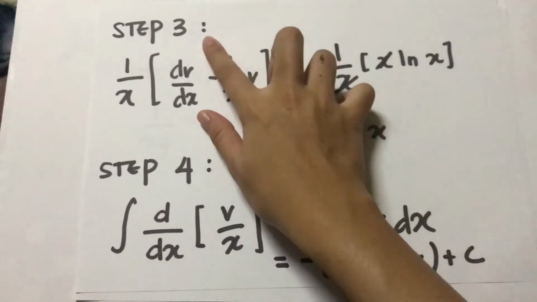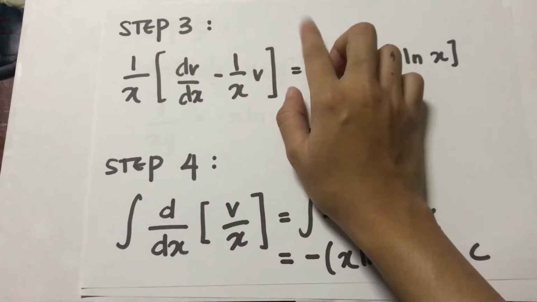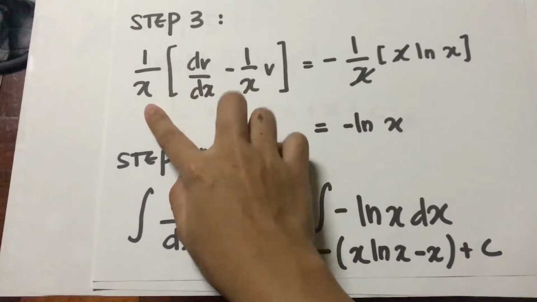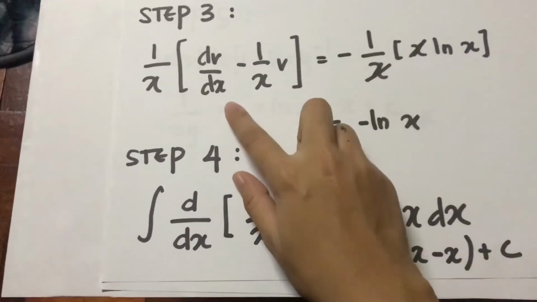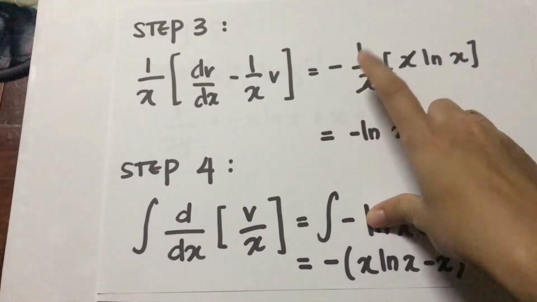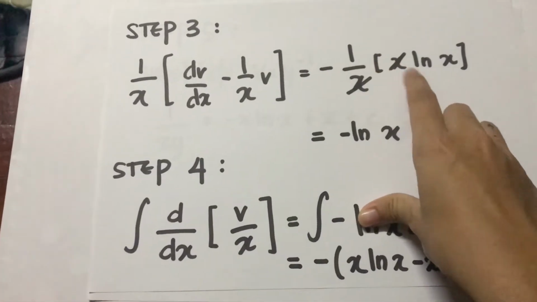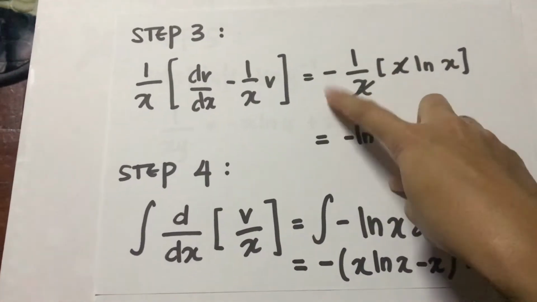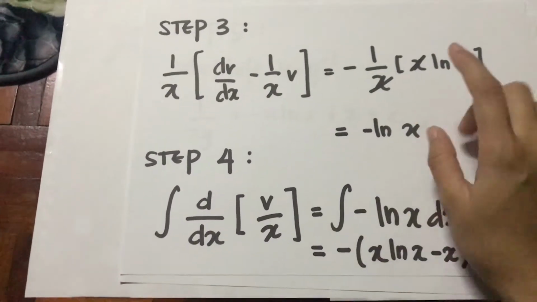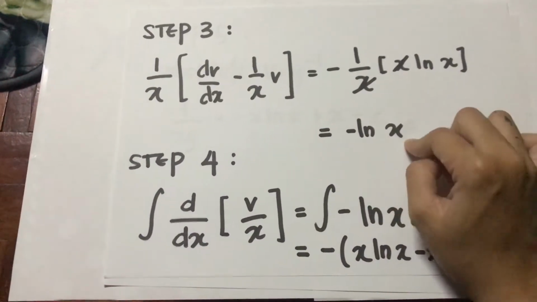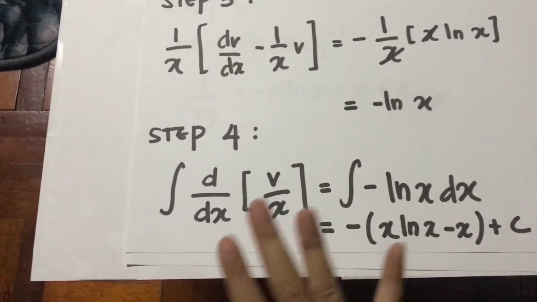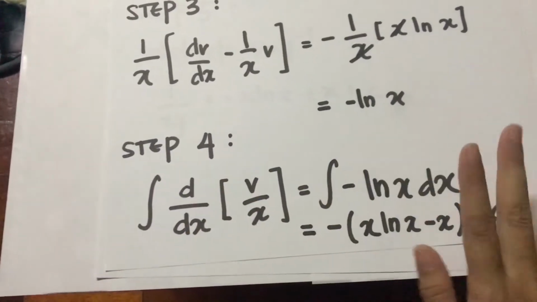Then step 3, we need to multiply the integrating factor with both sides of the equation, which is 1 over x multiplied with dv over dx minus 1 over x v, and the integrating factor multiplied with -x ln x, and we found that the answer is -ln x. Then I'm going to integrate both sides.